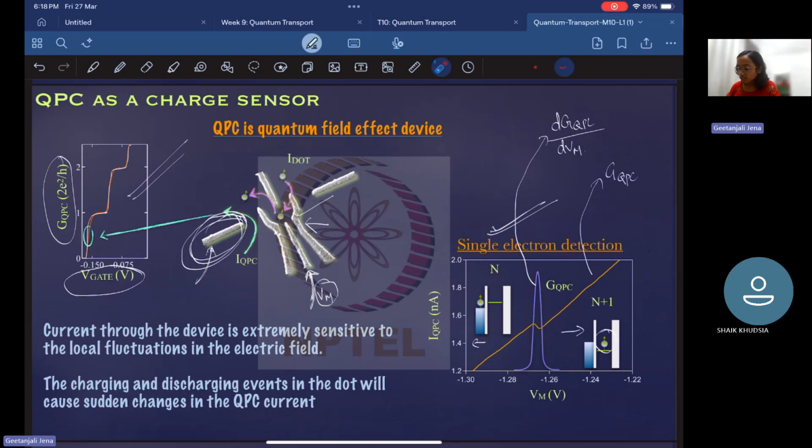If we measure this transition point and use it as a sensor, then we can tell the charging and discharging event, and we can sense the charge in this quantum dot region. So this is the basic principle of the quantum point contact to measure the charging and discharging event.